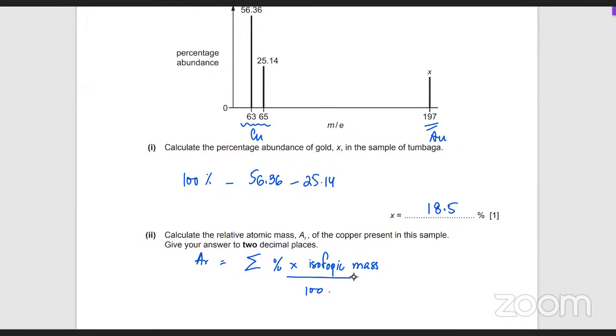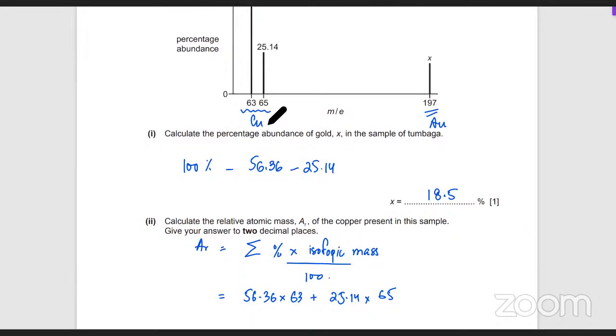The percentage for the first one is 56.36 times the isotopic mass, which is 63, plus the other one, which is 25.14, multiplied by the isotopic mass, which is 65. ठीक है? तो उसकी percentage multiplied by the isotopic mass.